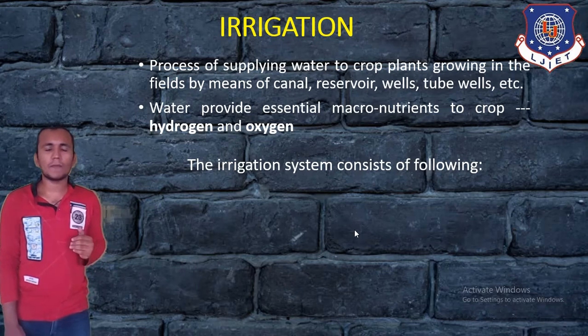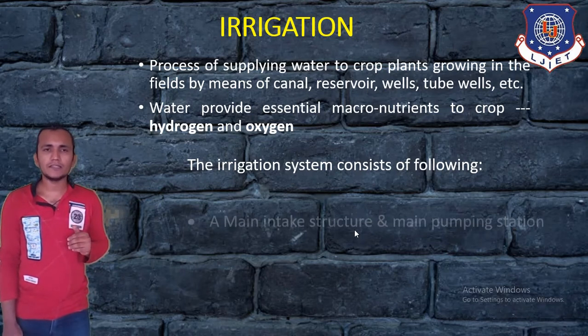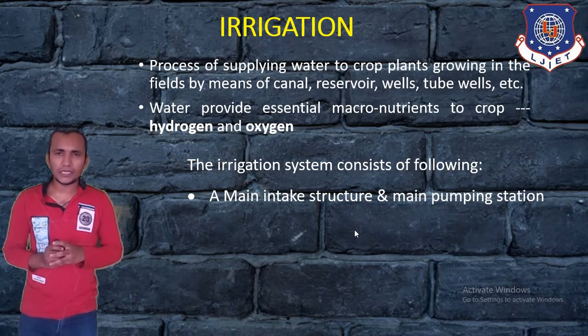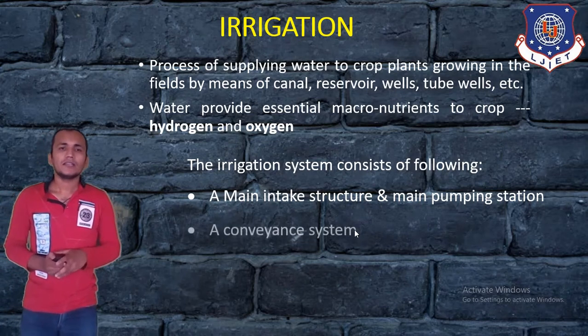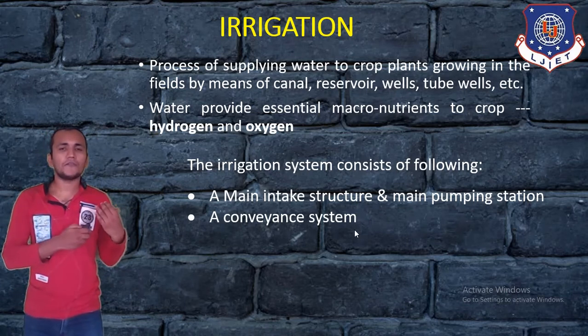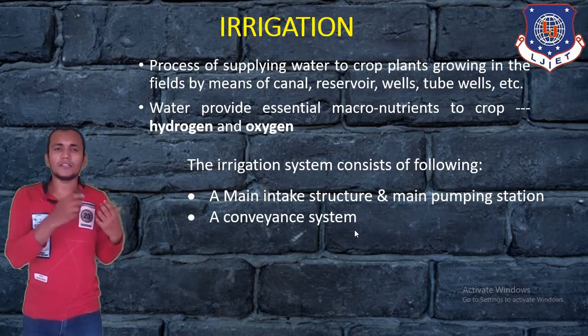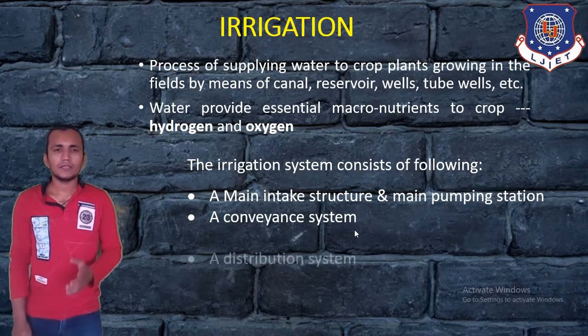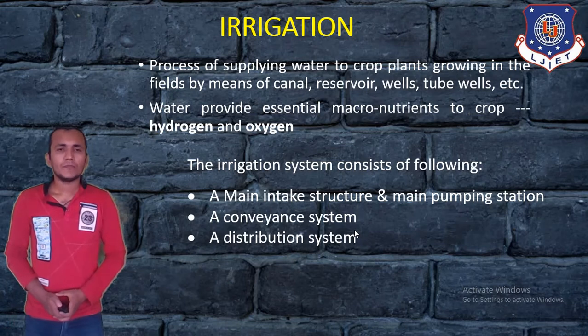The irrigation system has the following: first, a main intake structure and main pumping station. Second, a conveyance system, that means we have to convey this water from the main tank to the distribution system. Then the distribution system.